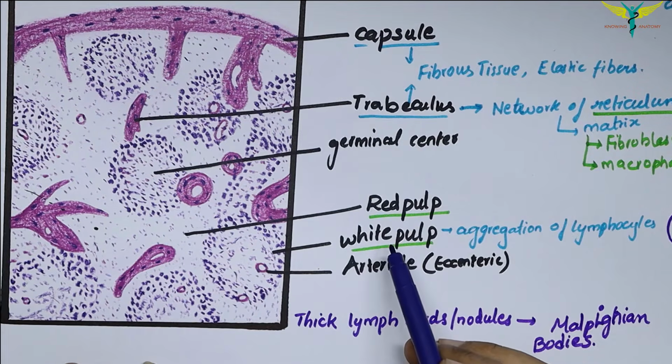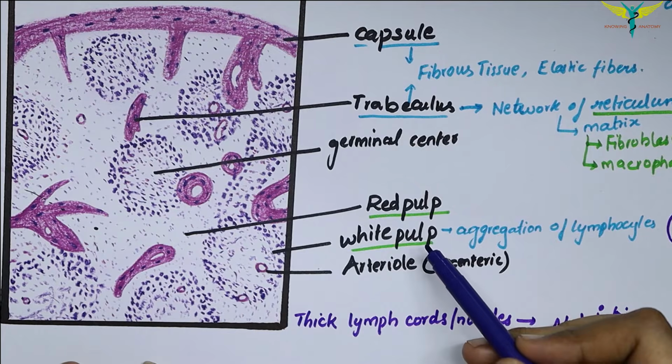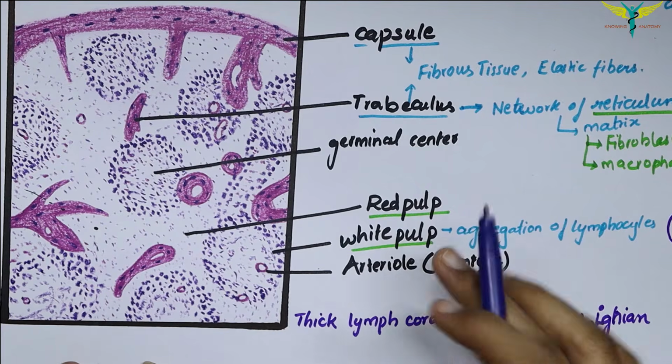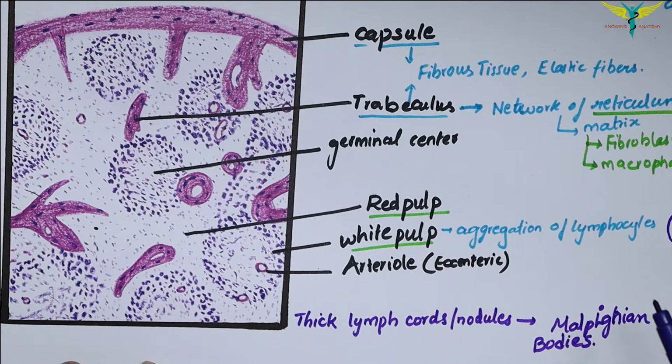Coming to the function of the white pulp, the function of this white pulp is similar to that of the cortical tissue of the lymph node.